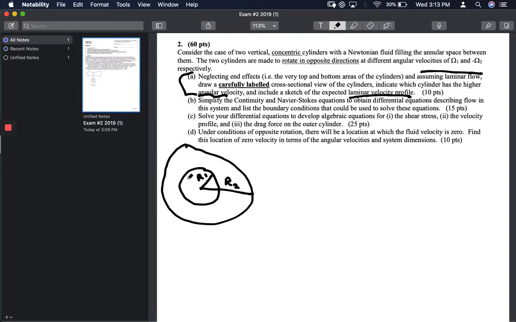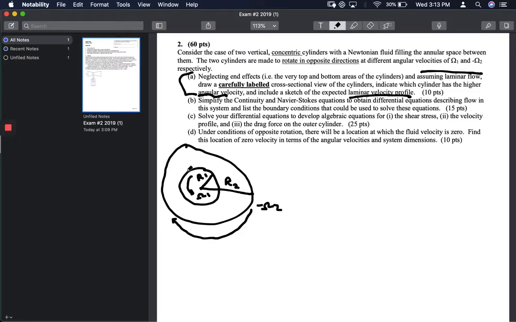Now we know that if we read the directions that the angular velocity here in the inner radius is going to be, this inner cylinder is going to be rotating at some omega 1, and then the outer radius is going to be rotating opposite direction, so this way at negative omega 2.